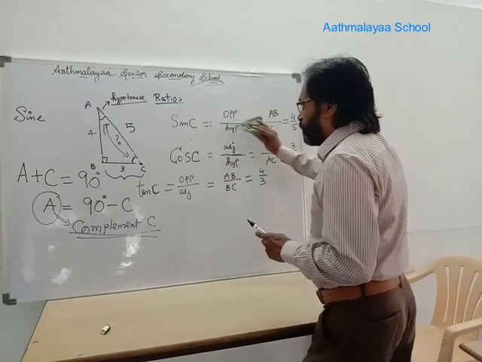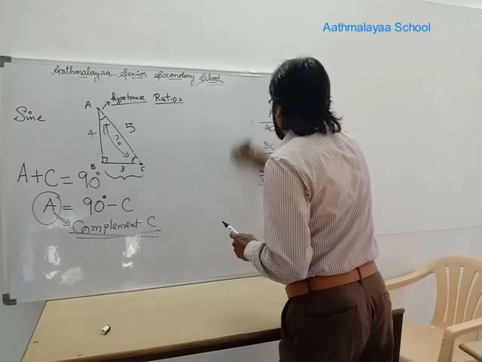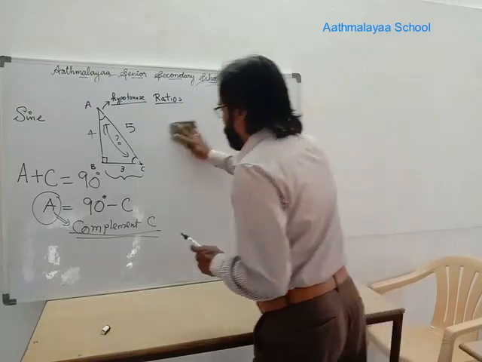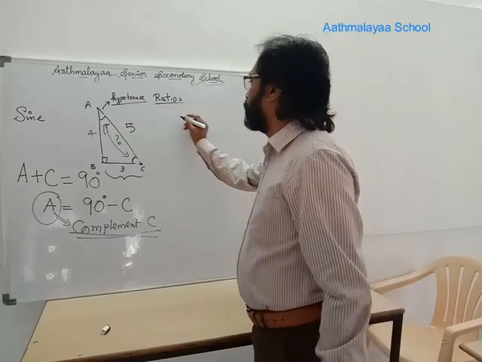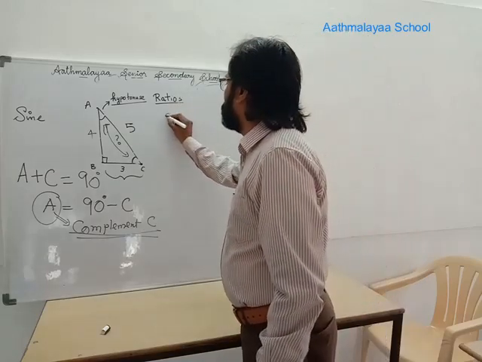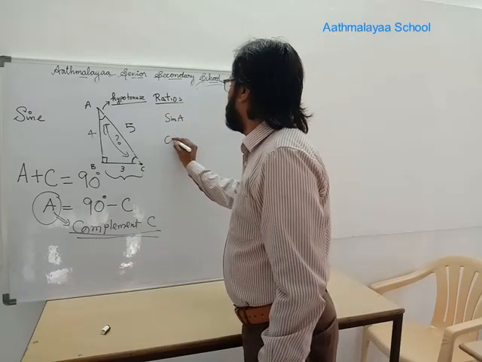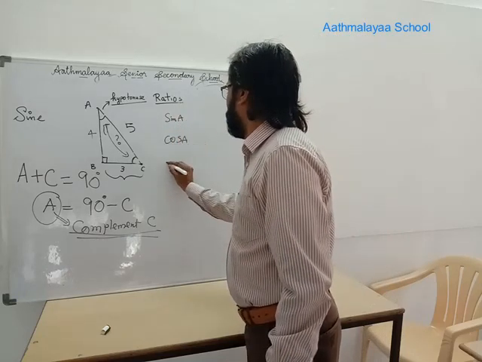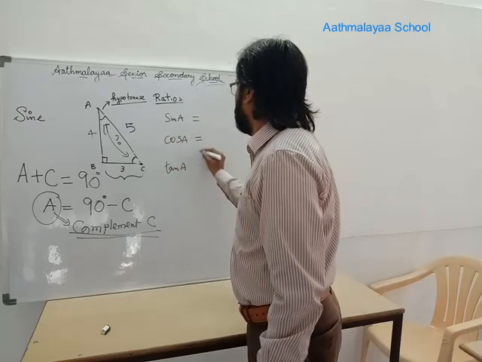Okay, so now I am going to write only with this reference 6 ratios. One is with reference to angle A: sin A, then cos A, then tan A. What are the values?